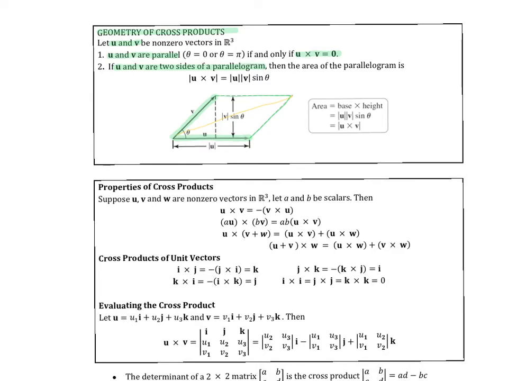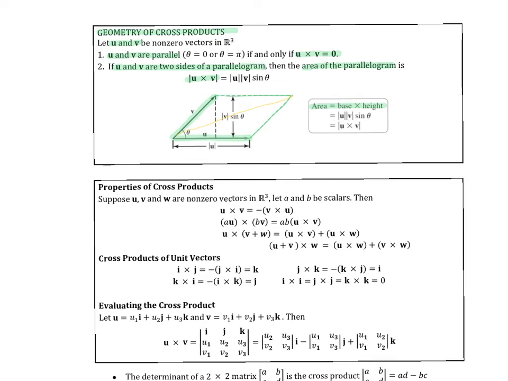So in the event u and v are two sides of a parallelogram, then when we compute the area of the parallelogram, it's going to be the magnitude of the cross product. So remember, the area of a parallelogram is its base times its height.